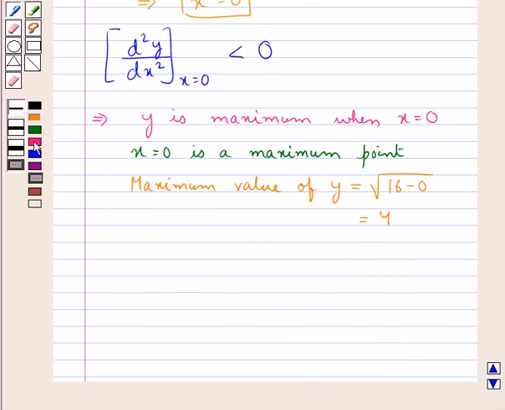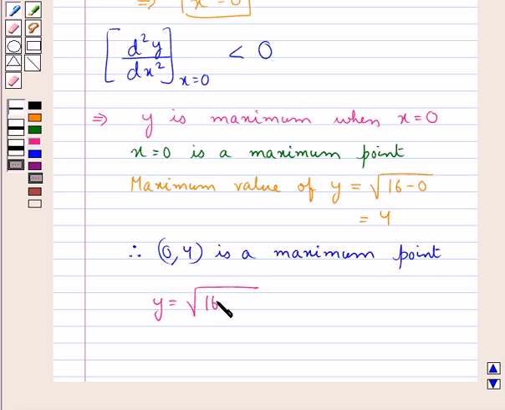Thus we can say that 0, 4 is a maximum point.